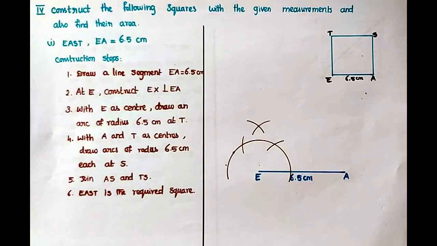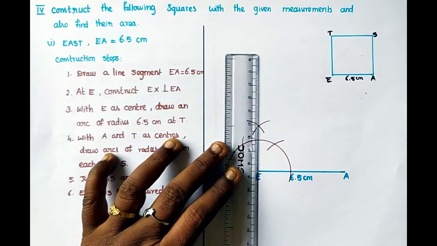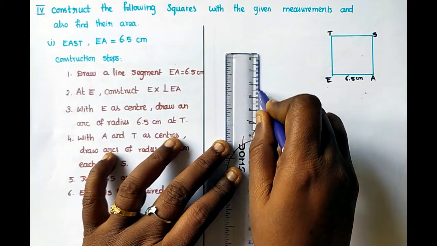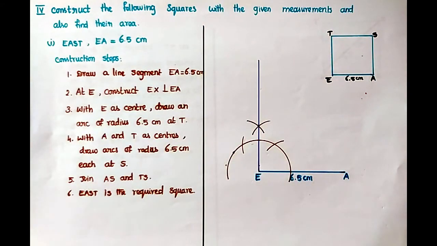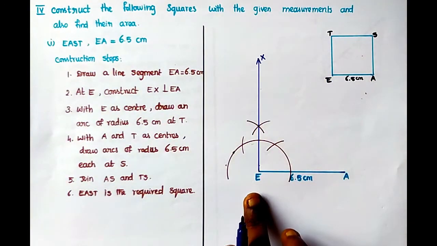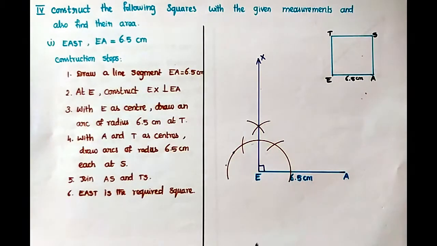And then what is the next step? Draw a line through the arcs, that is X. So EX is perpendicular to EA, that is 90 degree.